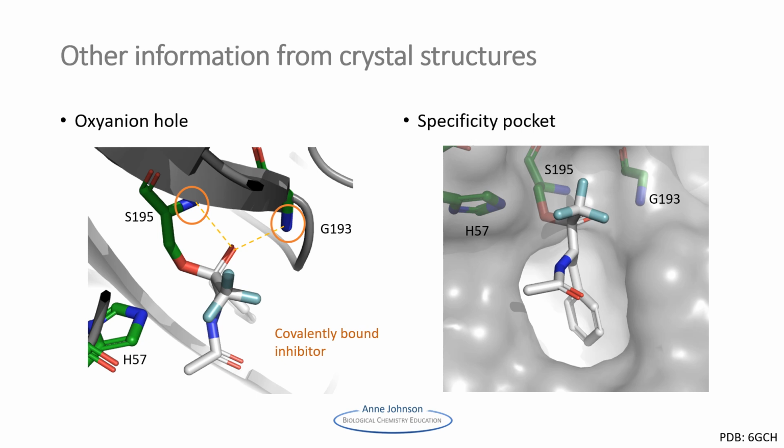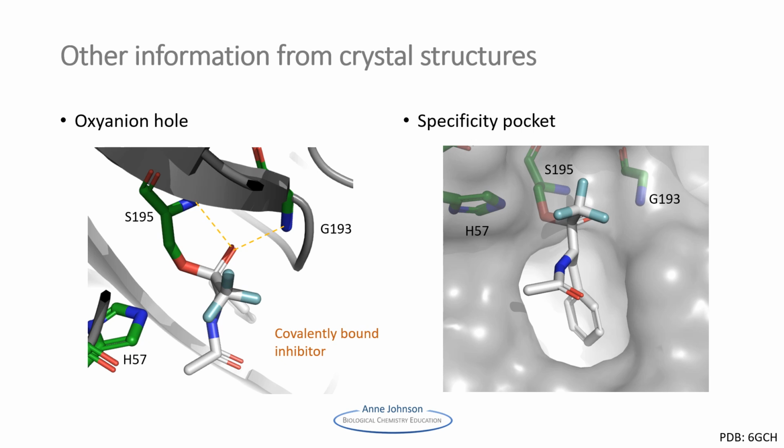Interactions between the amino groups for the backbone of residues glycine 193 and serine 195 that line the oxyanion hole, and the substrate's carbonyl oxygen serve to make the carbonyl more electrophilic and stabilize the negatively charged tetrahedral intermediate. Like we saw for the catalytic triad, the oxyanion hole also contributes to the rate acceleration accomplished by the enzyme.